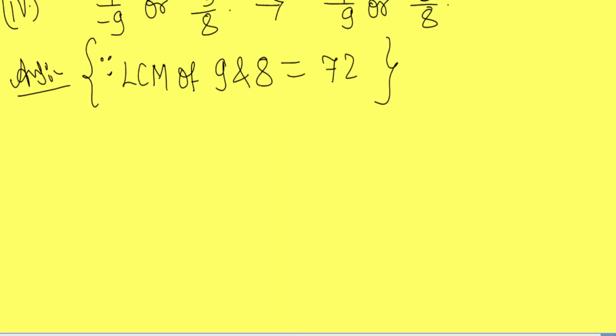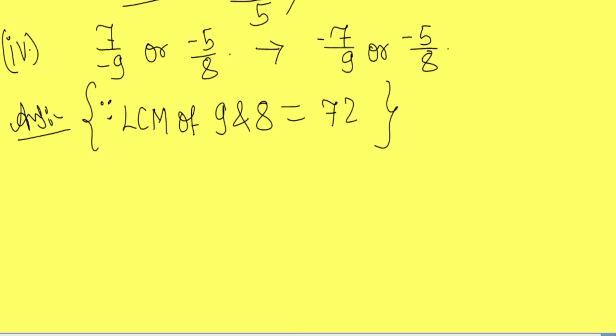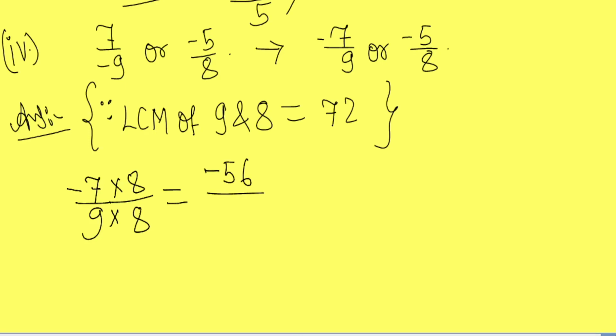Now look, the first rational number is -7/9. So in order to get 72, what should we multiply in the denominator? Simple sir, multiply by 8. Because we have multiplied 8 in the denominator, we will also multiply it in the numerator. So what we get here is -7 times 8, which is -56 upon 72, right?